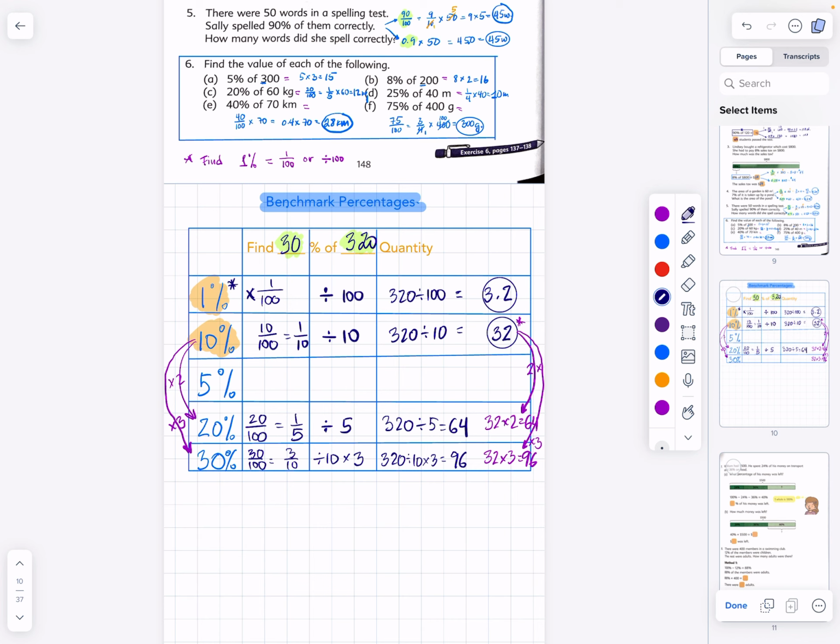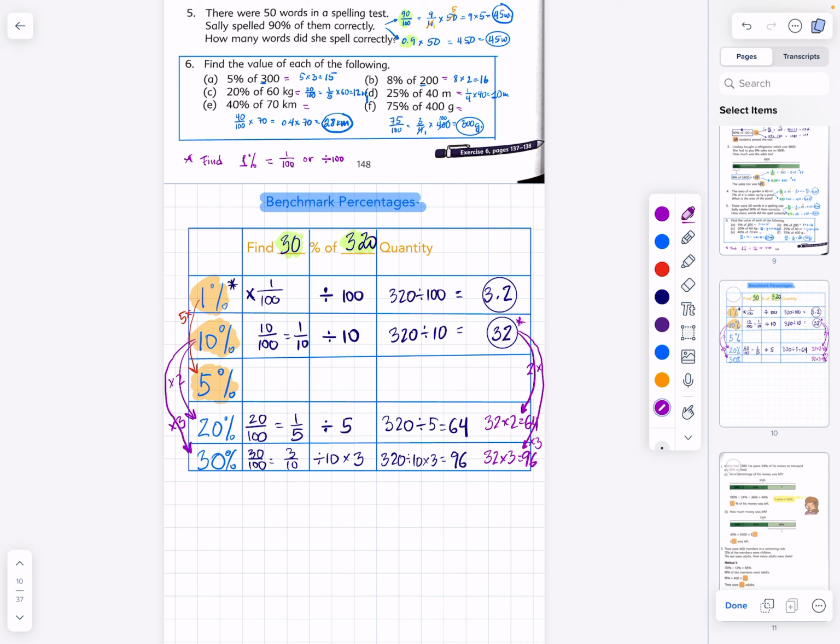Now, another very important benchmark that shows up quite often is 5%. Let me highlight it, 5%. To find 5%, my friends, there are so many different ways to go about it. You can first find 1% and then multiply times 5, right? We can say step 1, find 1%, and then multiply 5 times, or we can find 10% and then divide by 2, right?